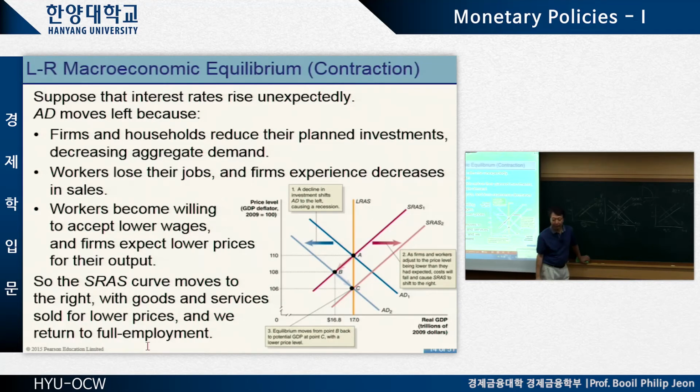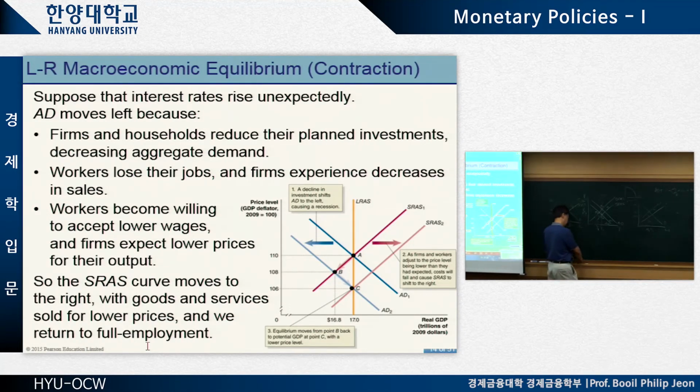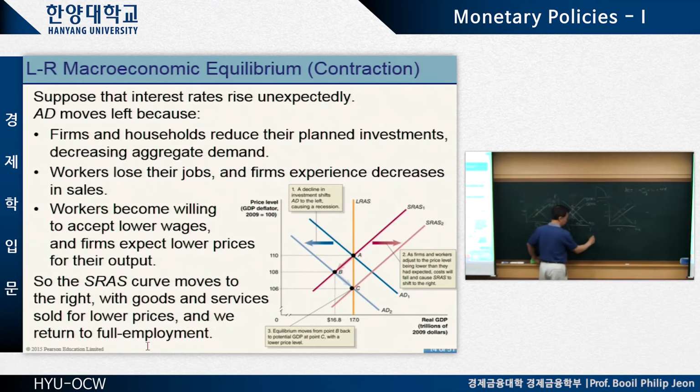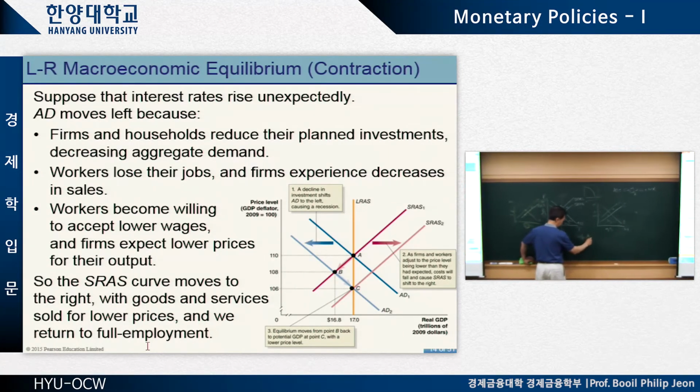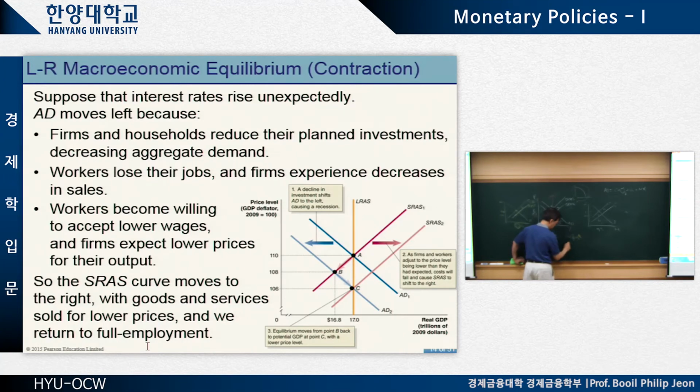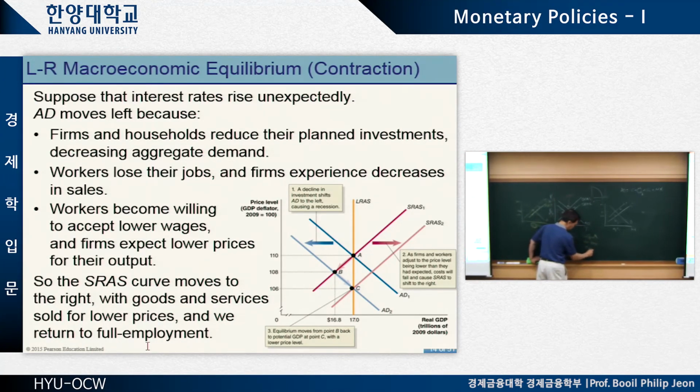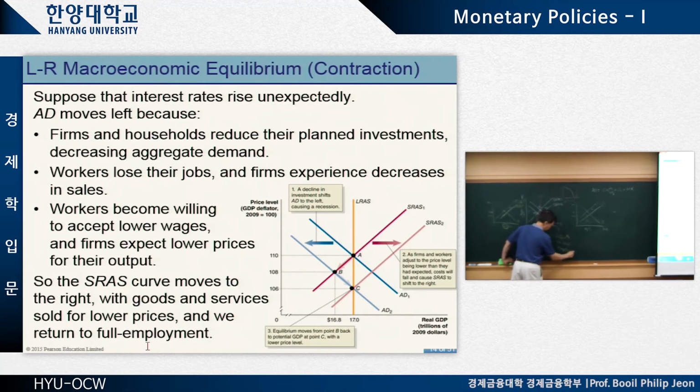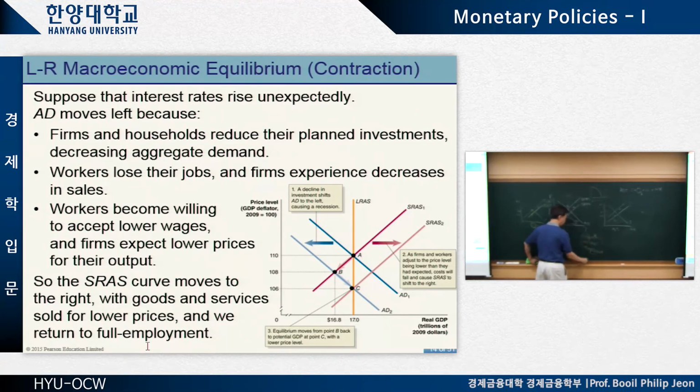Okay? So in macroeconomics, there are real variables and nominal variables. Output, income, employment, these are real variables.